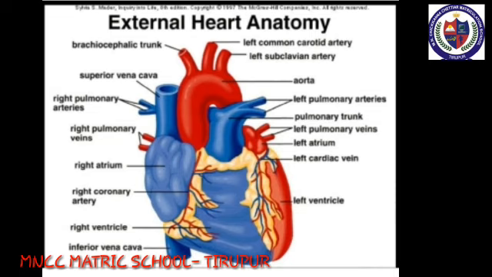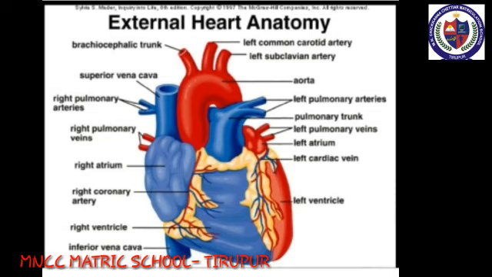The heart is enclosed in a double-walled sac called the pericardium. The heart is four-chambered, with two thin-walled auricles and two thick-walled ventricles. The auricles and ventricles are separated by the interatrial and interventricular septum respectively.